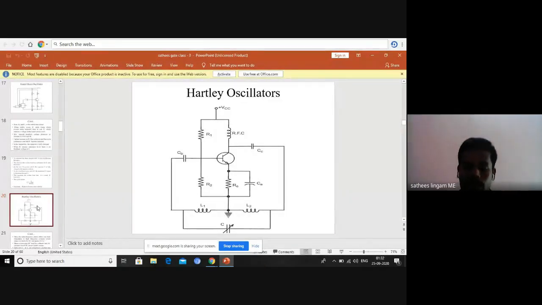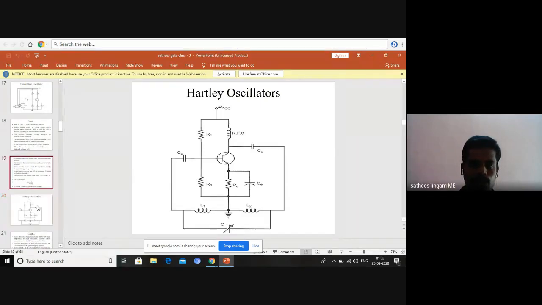With the help of the variable capacitor, we can create different frequencies of oscillation. You got it? Previously it was not like that, because the capacitor and inductor were fixed, whatever we used in our circuitry.